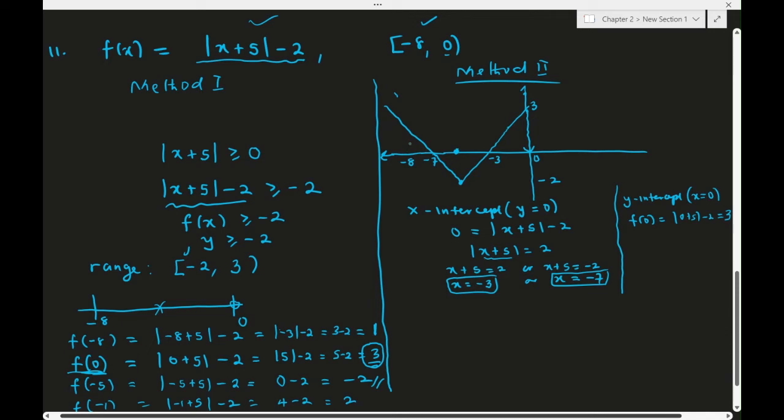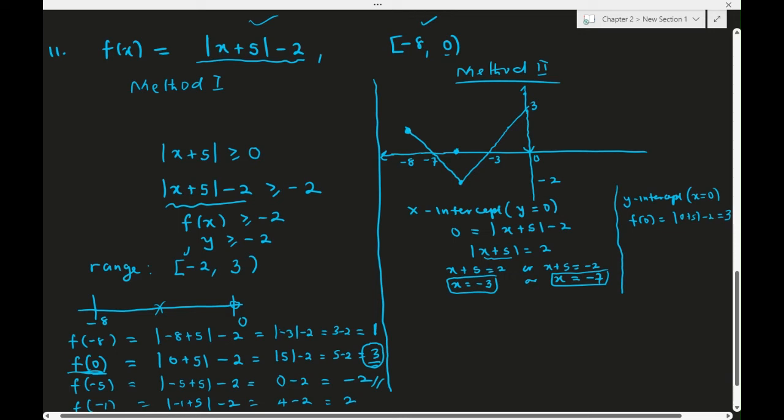I need to know the value at minus 8. So this is where I will stop. It means I have to remove these other parts because they are less than minus 8. And you can see that minus 8 is going to be closed, because it is closed in the domain.